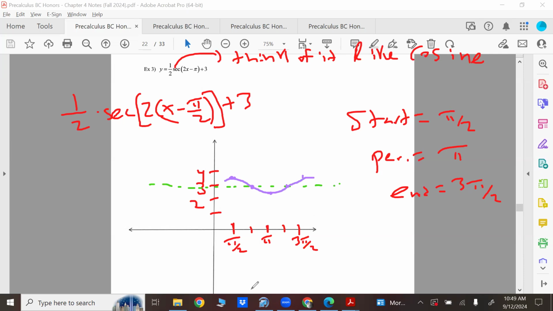Then what you do is this. You look at wherever you cross the midline. And that, so asymptotes occur.